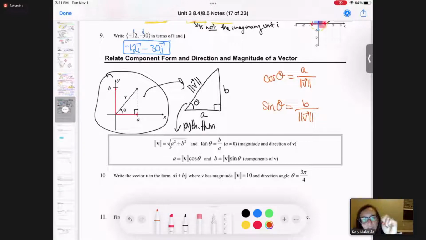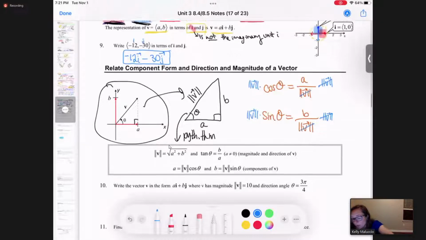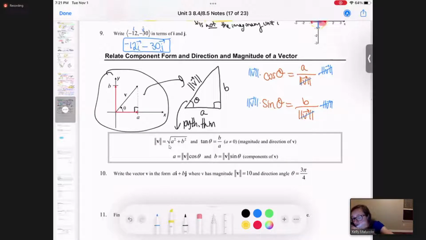If I wanted to solve for a or b, and I knew the magnitude and maybe the angle, then you could just multiply both sides by the magnitude. When we multiply and cancel, we get an equation for a and b using sine and cosine.